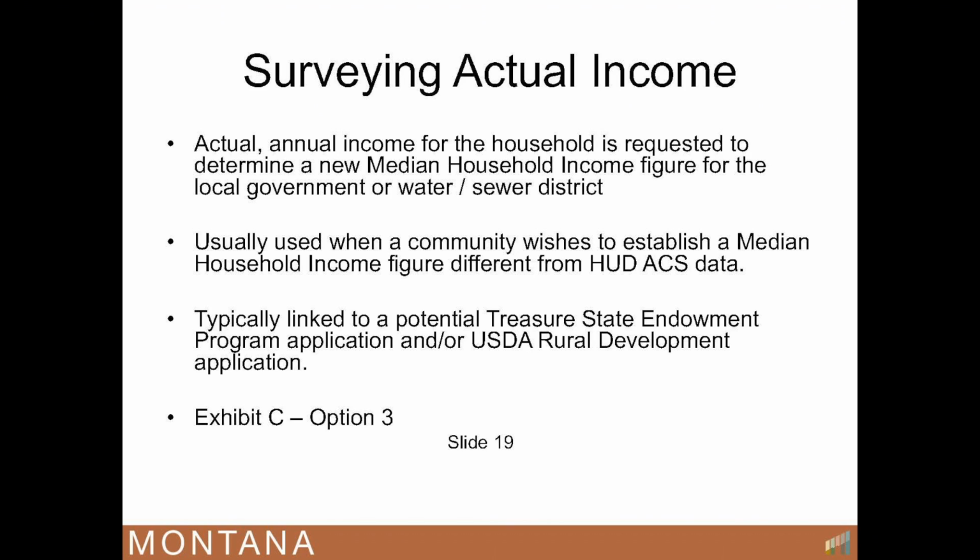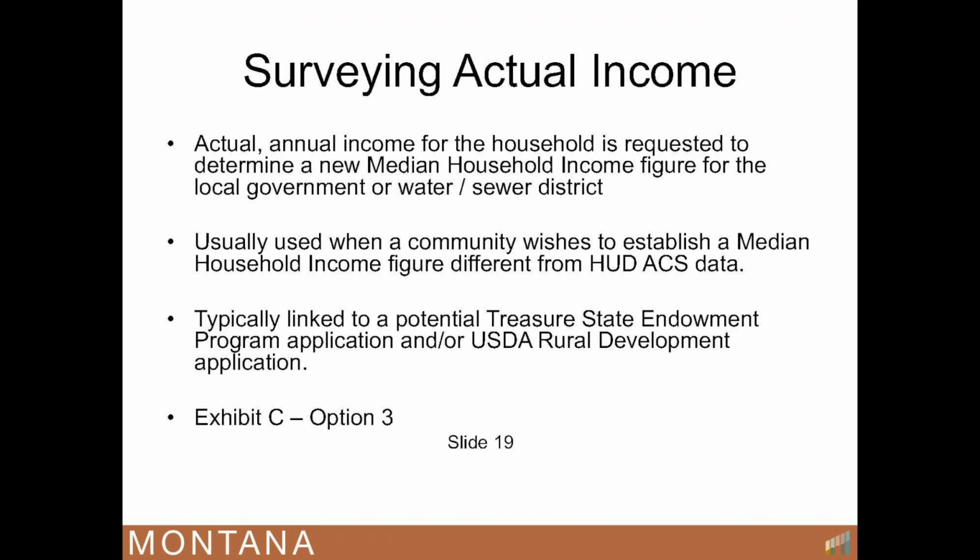Slide 19 presents an alternative income survey method based upon surveying actual household income. In this case, the actual annual income for the household is requested to determine a new median household income figure for the local government or water or sewer district.